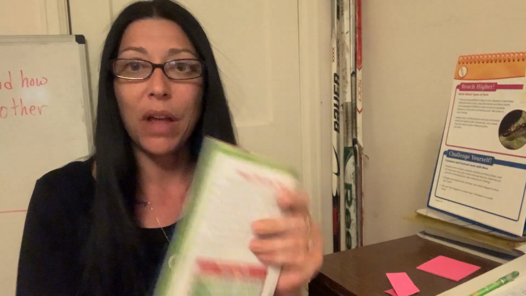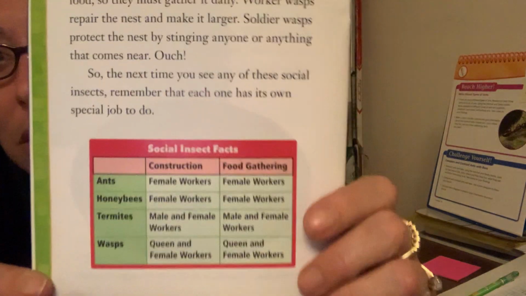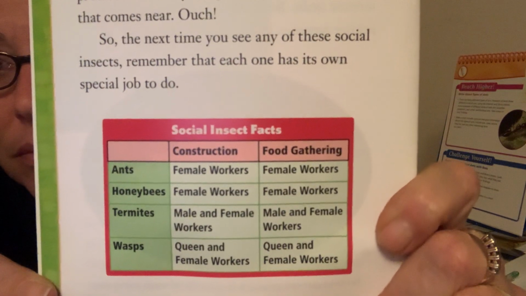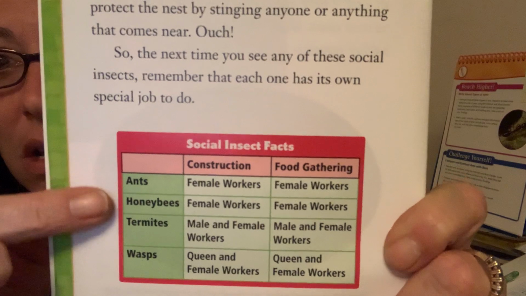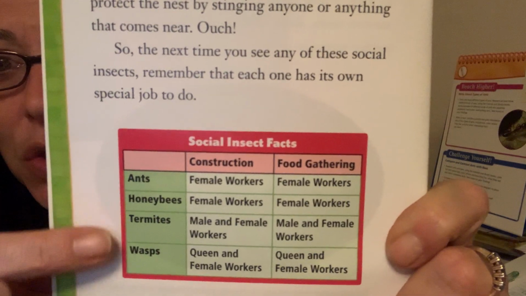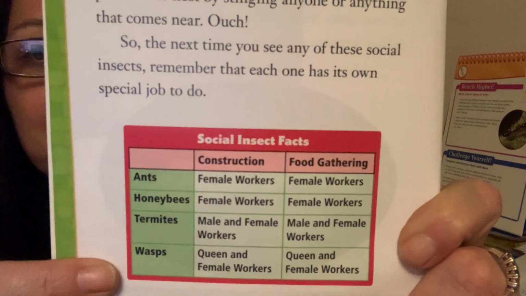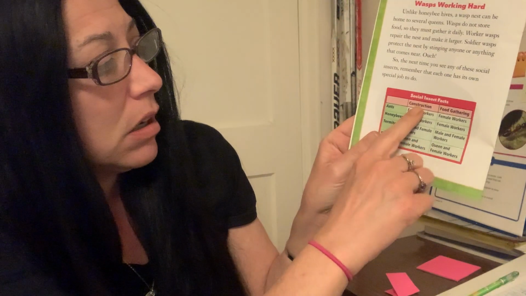And here on this page is a little table. And you can see it says ants, honeybees, termites, wasps. And then it says construction, food gathering.